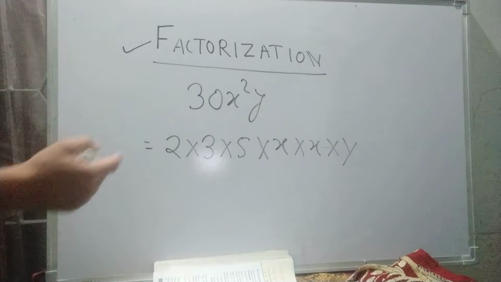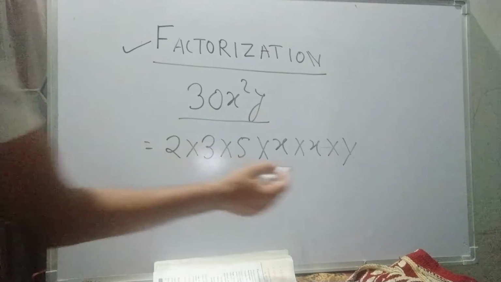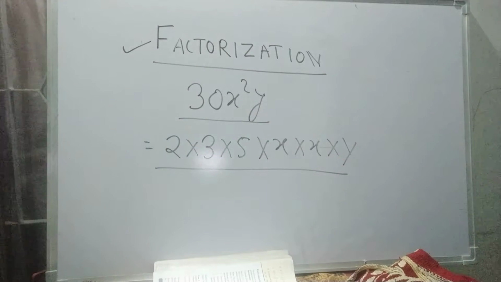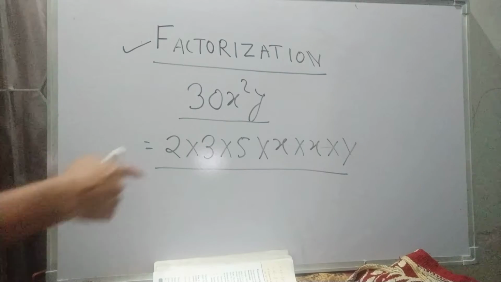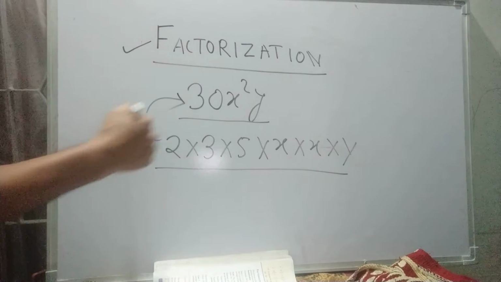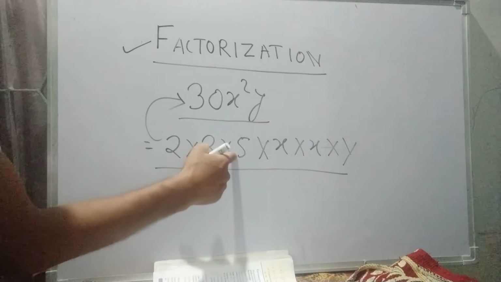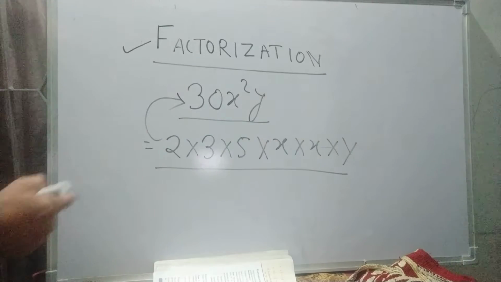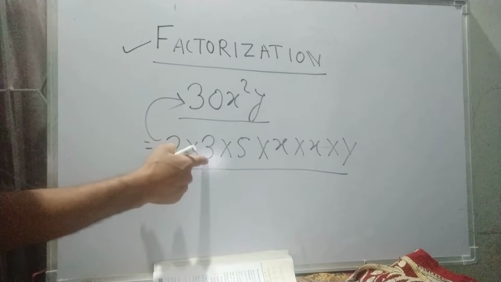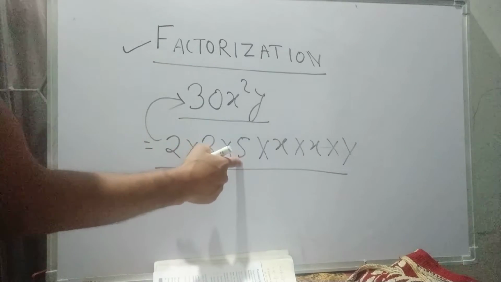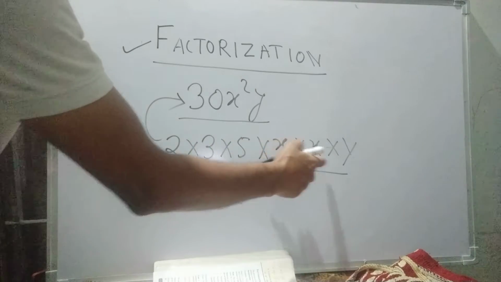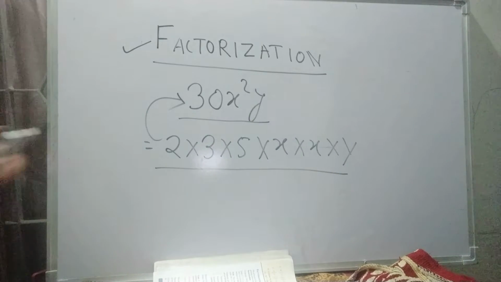Now 2 divides 30x square y, so 2 is a factor. Similarly 3 is a factor, 5 is a factor, and x and y are factors of 30x square y.